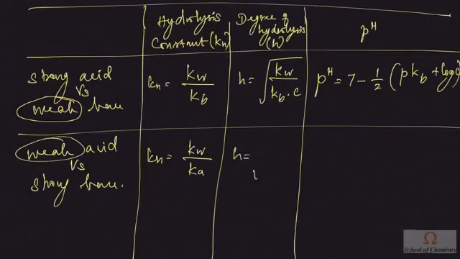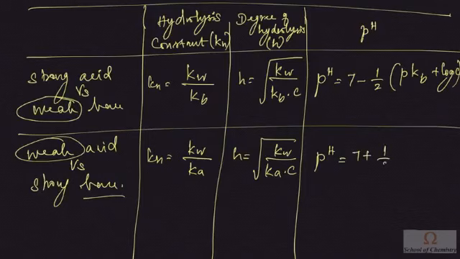And h will be the square root of KW by Ka into C. Now when it comes to pH, since the strong parent is base, the aqueous solution of this salt will be basic in nature. That's why I have plus, something greater than 7: pH = 7 plus half of pKa, since it's a weak acid, plus log C.